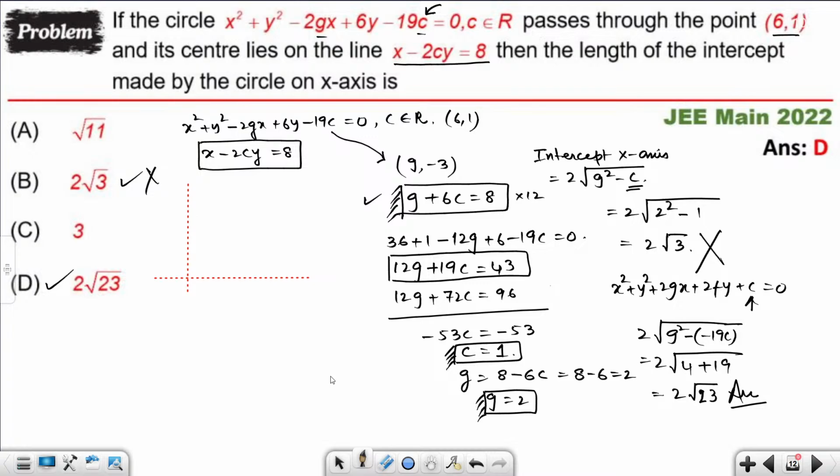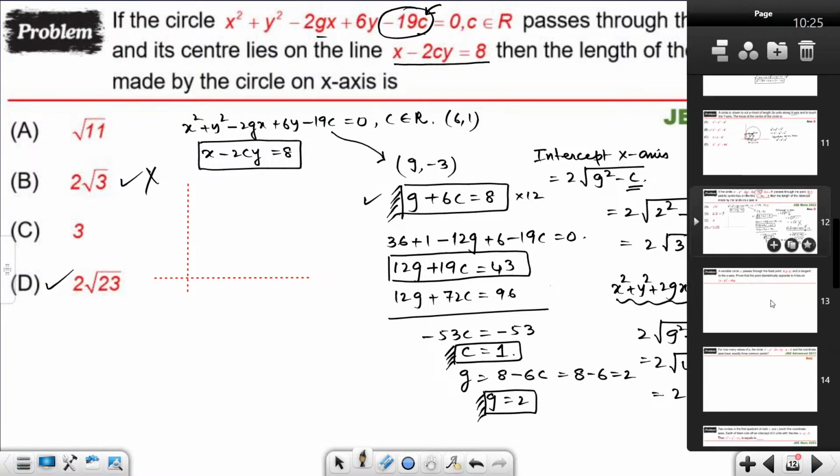Here C is coming from the general form of the circle. And that C is only C. But in our problem, the C is minus 19C. So we have to use that one only. Is it clear?